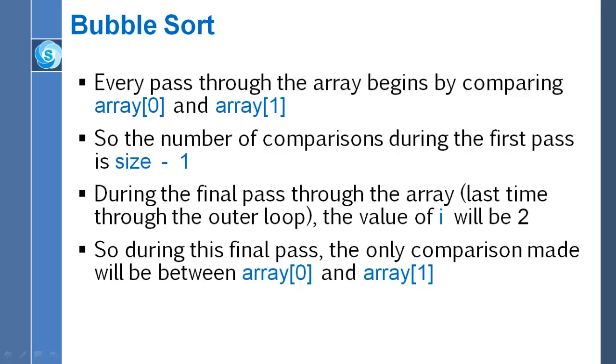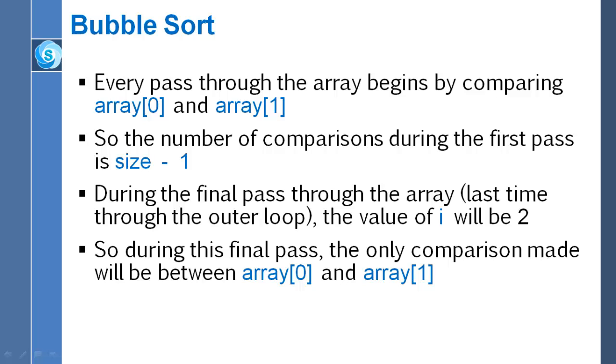So J is initialized to 1, and it's only going to continue as long as J stays less than 2. So if you think about it, there's only going to be one time through that inner loop.